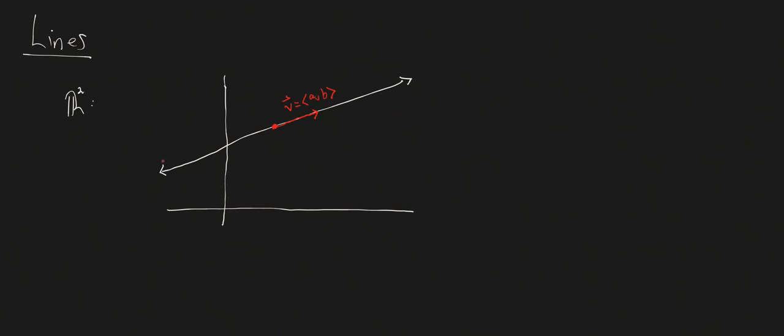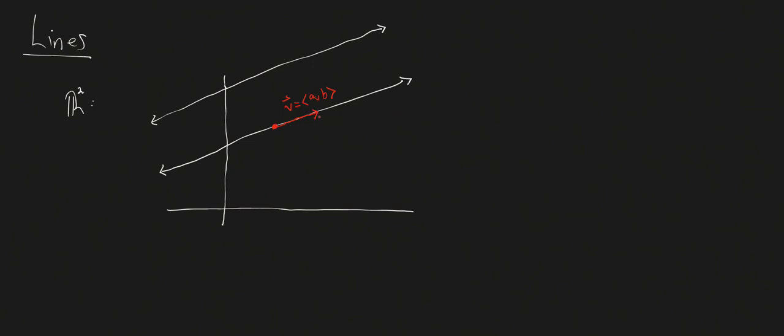But that alone doesn't define this line. I can't just take any scalar multiple of that vector and extend it indefinitely, and the reason is this. Suppose I had another line that was parallel to this one.